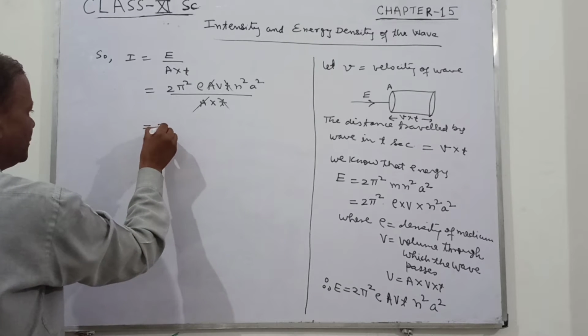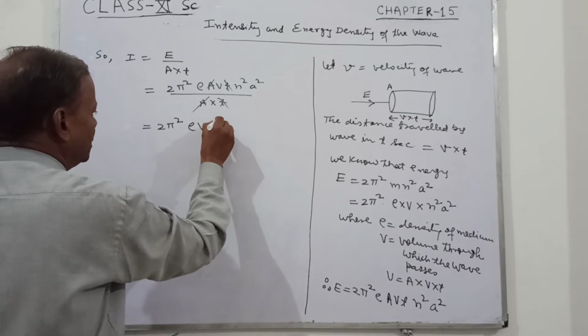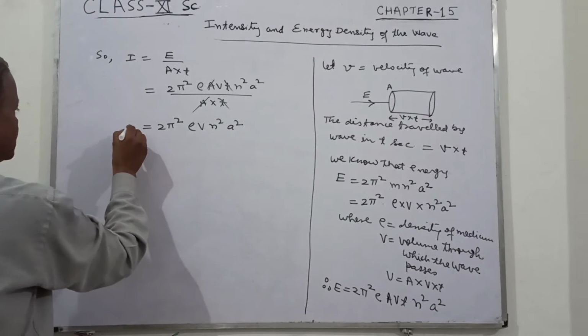So we have 2 pi square rho v n square A square. This is the intensity I.